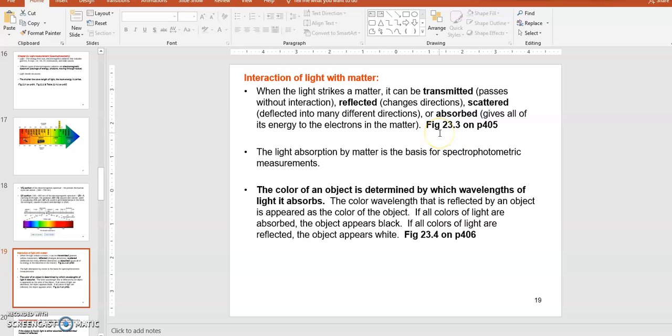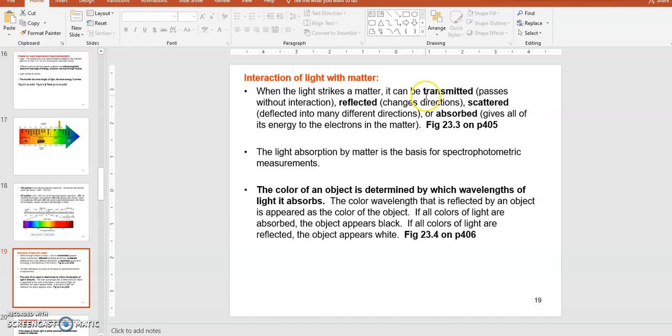So, interaction of light with matter. What happens when the light energy strikes matter in the pathway of the light? Light can hit that matter, and then the light can be transmitted through that matter, or light can be reflected, hitting it and coming out at a different angle.